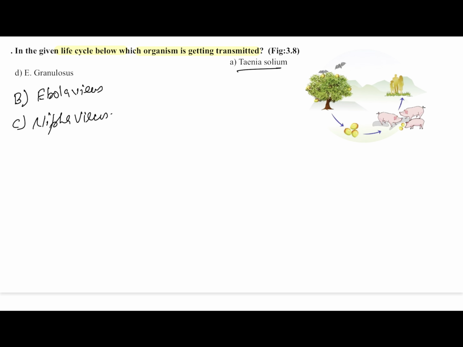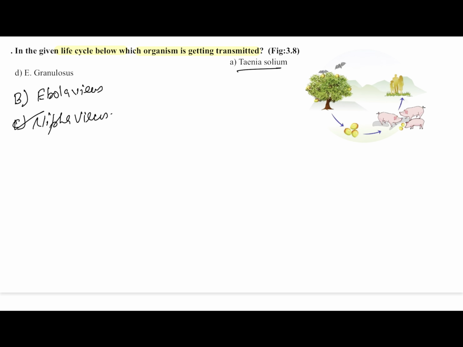Okay? So if you want to remember the life cycle of all these, if you see this picture, you can see that the correct answer is Nipah virus. Why am I saying Nipah virus? Because you can see a bat. Okay? This is a fruit-eating bat.